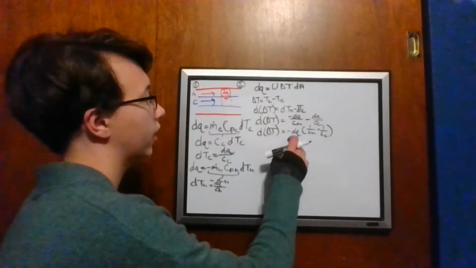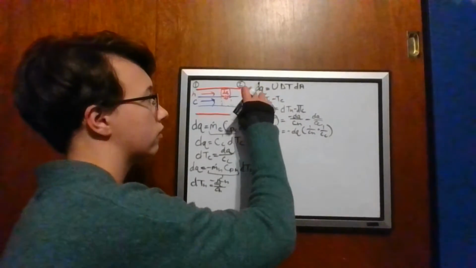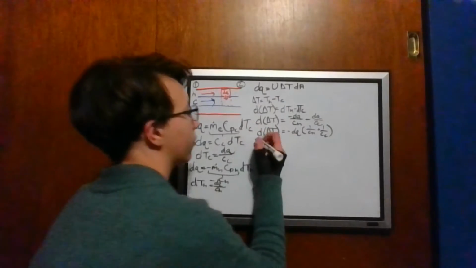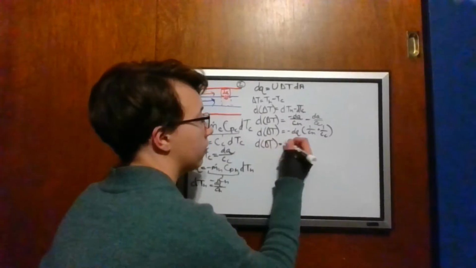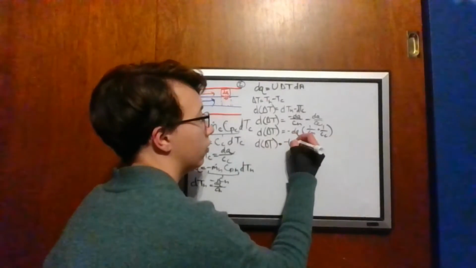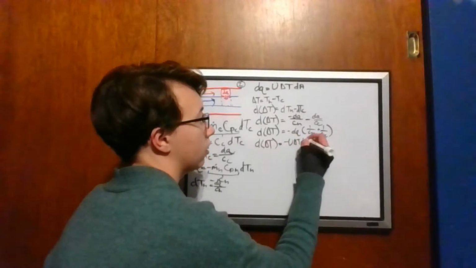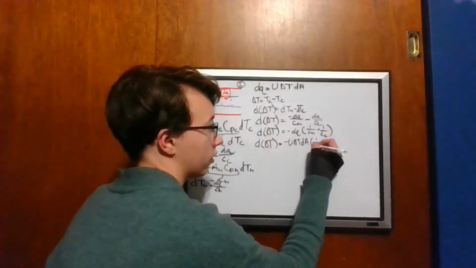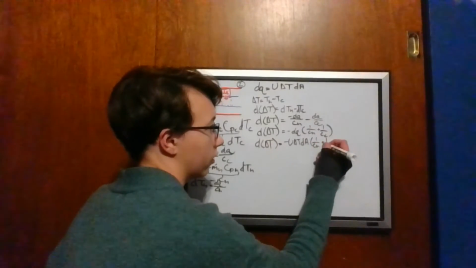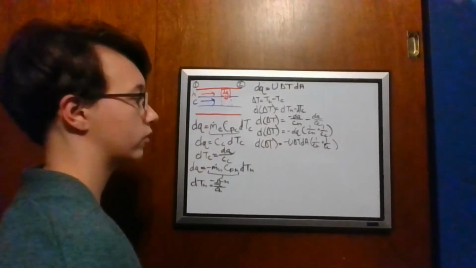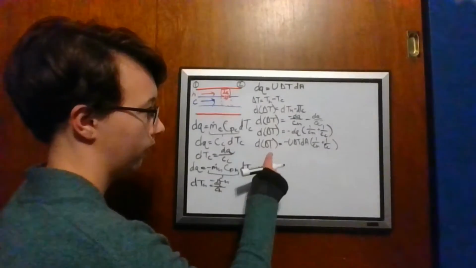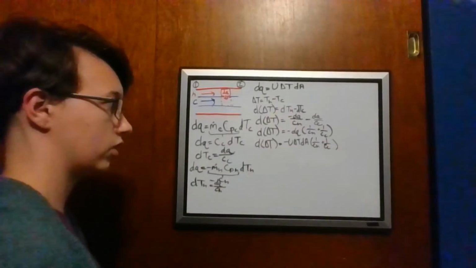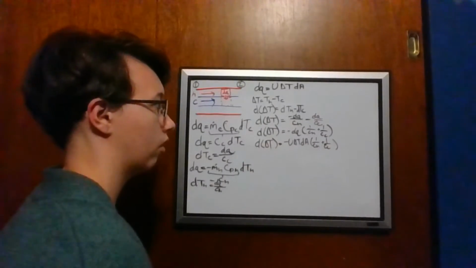From here, we can plug in this equation for dQ. So we have that d of delta T is equal to negative U delta T dA times 1 over CH plus 1 over CC. Then we can divide delta T across to this side, and then we have two differentials on each side, and we can take the integral.